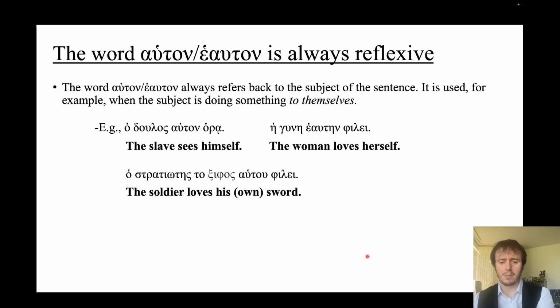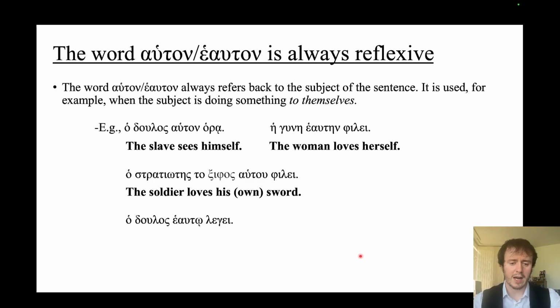Let's look at an example using the dative. ὁ δοῦλος ἑαυτῷ λέγει. The slave, in the nominative, speaks or is speaking ἑαυτῷ. That's the word himself, since the slave is the subject, but it's in the dative, and so it means to himself. The slave is speaking to himself.